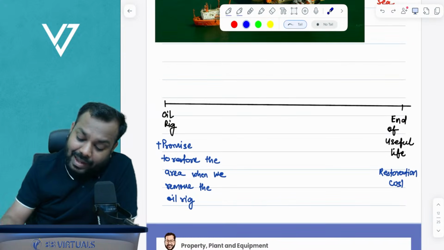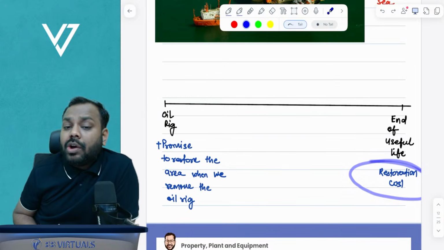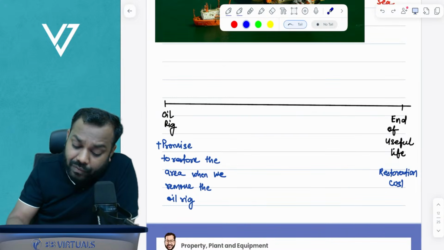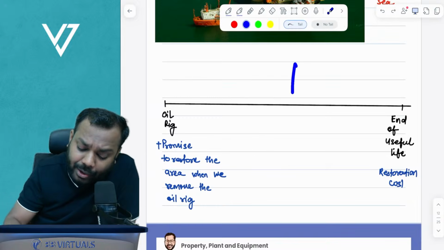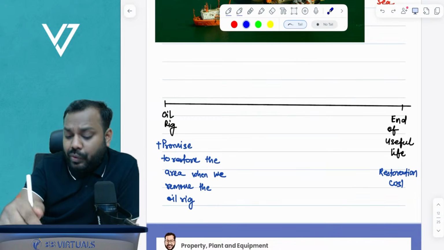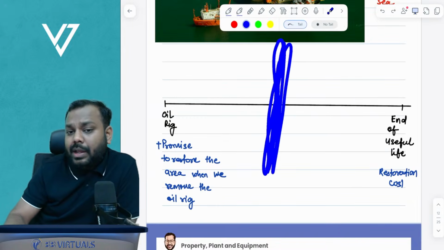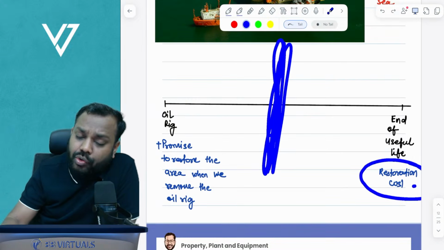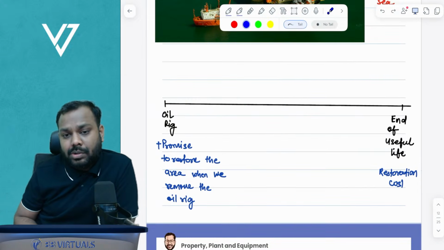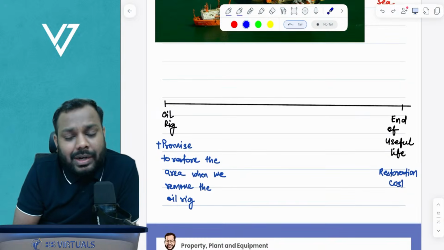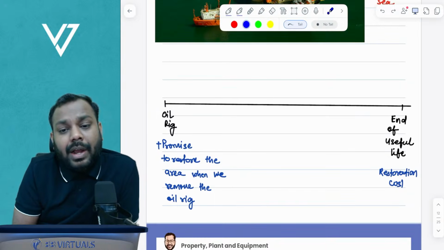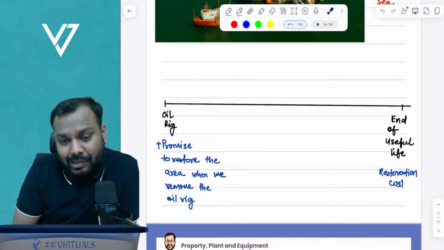Come on, tell me, can we avoid restoration costs? No, you cannot. Even if you shut down the company today, you have to restore and then only you can shut down. Whenever you are shutting down the company, you have to take approval from multiple authorities.